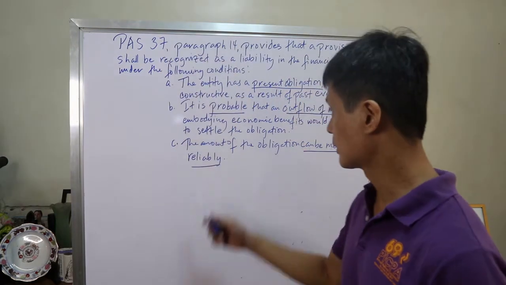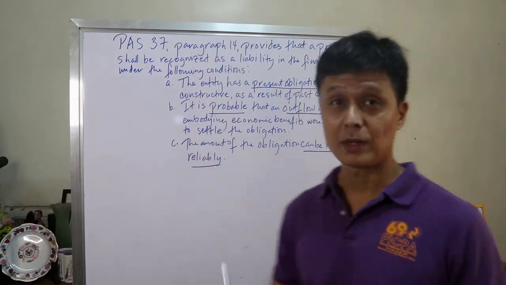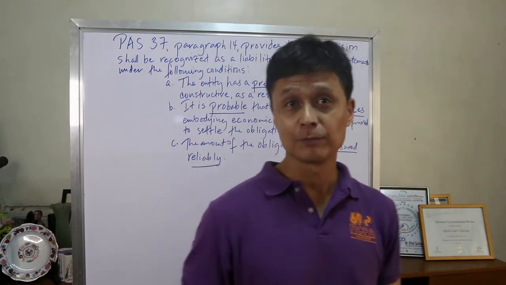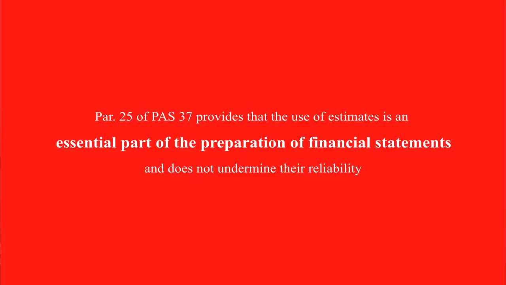And number 3 is the amount of the obligation can be measured reliably. Now, paragraph 25 of PAS 37 provides that the use of estimates is an essential part of the preparation of financial statements and does not undermine their reliability.